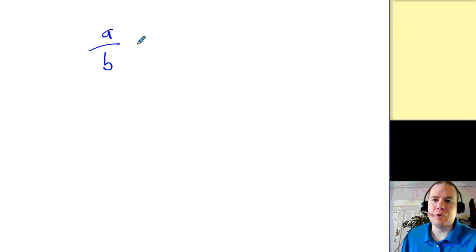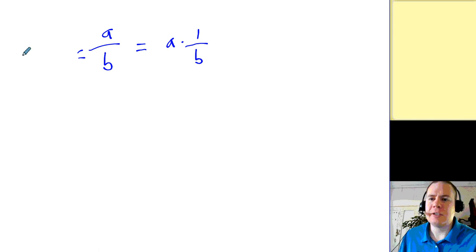We don't say over B. We either say 3/6, this many of this unit, or we say 3 divided by 6. They're all talking about the same thing.